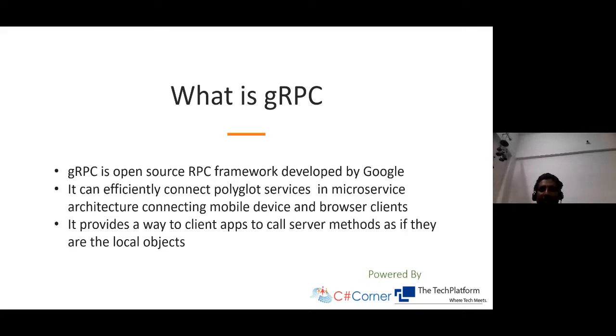It provides a way for the client apps to call the server method as if they were local objects. This is basically a feature of any RPC framework. The client apps don't go into the details of what the protocol is or what the methods are to call some methods on the server, like we do while calling the web API methods.